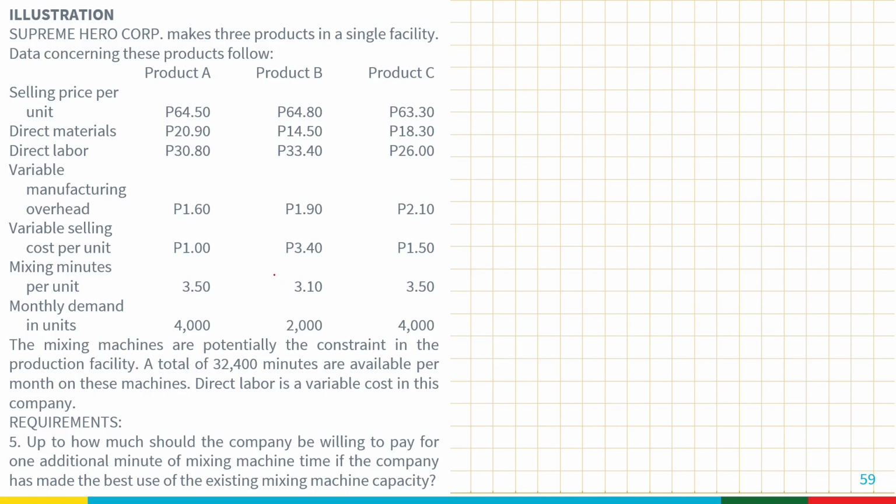Kasi 'di ba currently ang ating total ay 32,400. Paano kung maging 32,401 yan? Okay? Yung total cost na kaya nating tanggapin na madagdag sa atin ay itong amount na to.